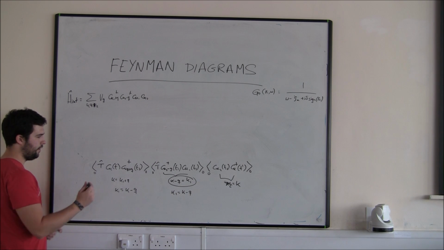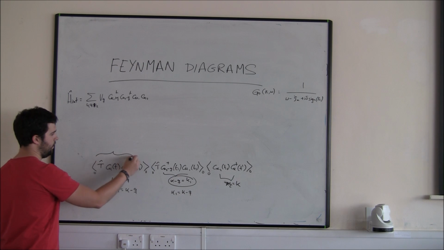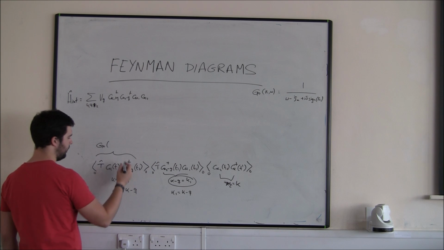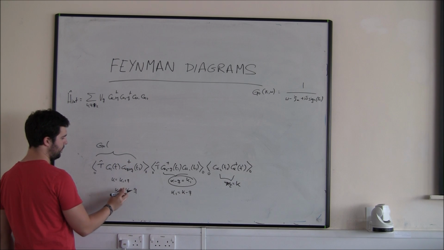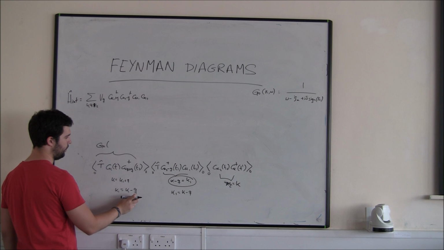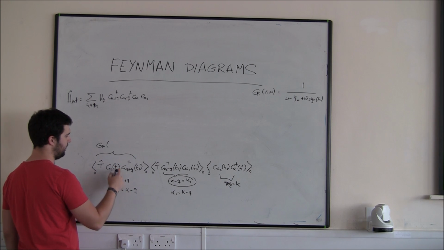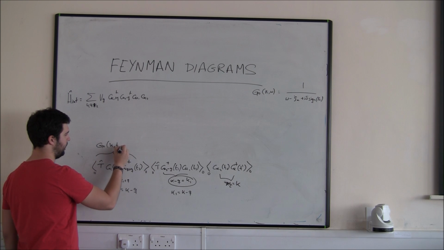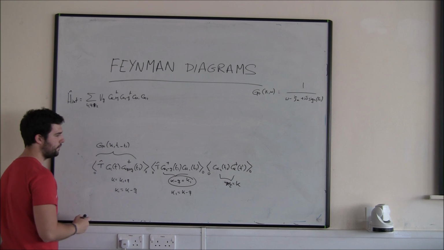And I have first a non-interacting Green's function with momentum K1 as K minus Q. So that means if K1 equals K minus Q, then this is just a Green's function of momentum K, propagating between T and T1.